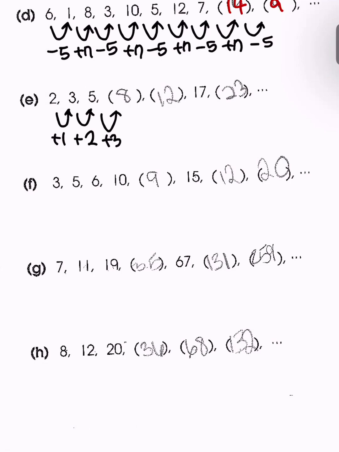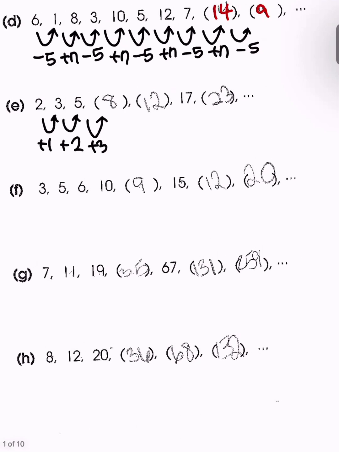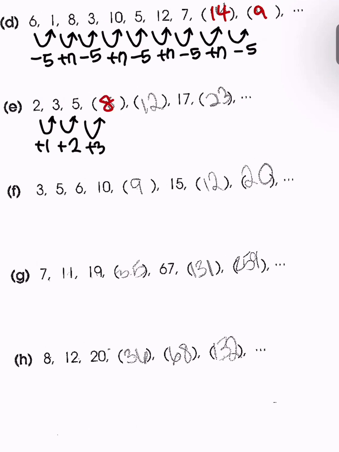So let's try. If we add 3 to 5, that gives us 8, and then we add 4 to 8, so that gives us 12. Then we should add 5 to 12, and that does give us 17, so this pattern was correct. Then we add 6 to 17, and that gives us 23.